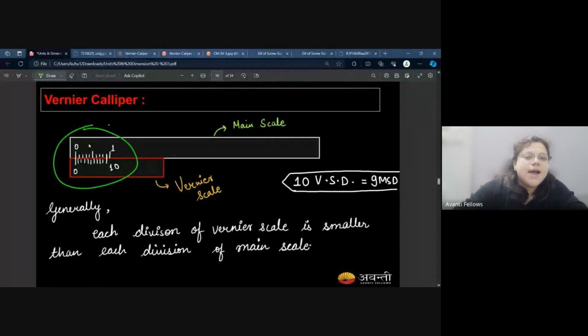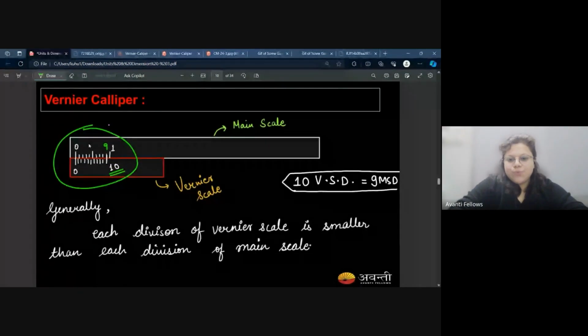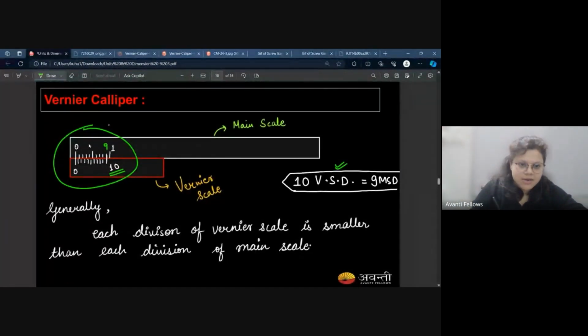Here, 10 vernier scale divisions are equal to 9 main scale divisions. See, 0, 1, 2, 3, 4, 5. This is the 9th division on the main scale, and on the vernier scale, it is your 10th division. Is it okay? Yes, ma'am. So that's what I wrote over here: 10 vernier scale divisions are equal to 9 main scale divisions.